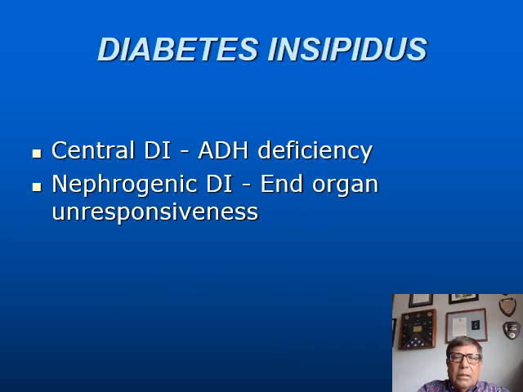There are two types of diabetes insipidus. It could be central, due to the deficiency of antidiuretic hormone, or it could be nephrogenic diabetes insipidus, where there is plenty of hormone but the nephron does not respond, or is Pitressin resistant, ADH resistant.